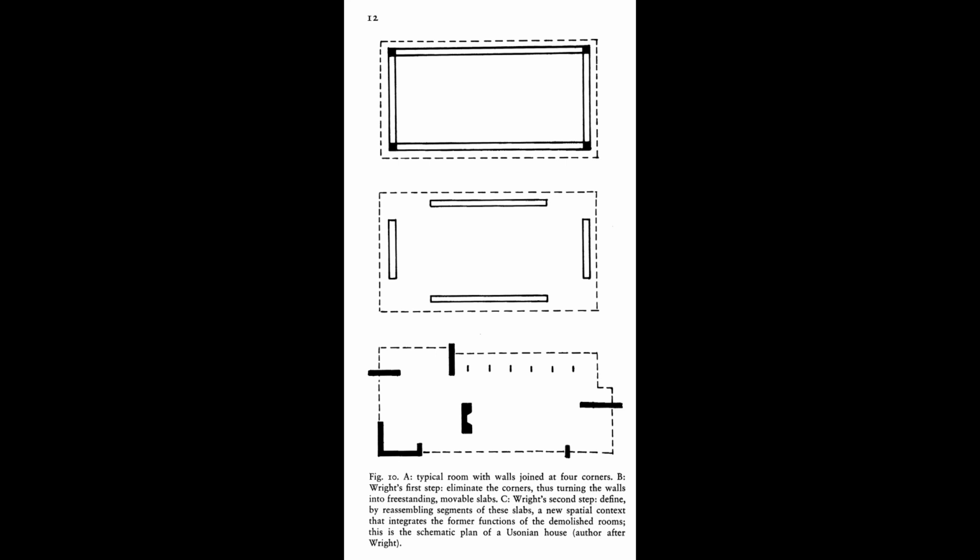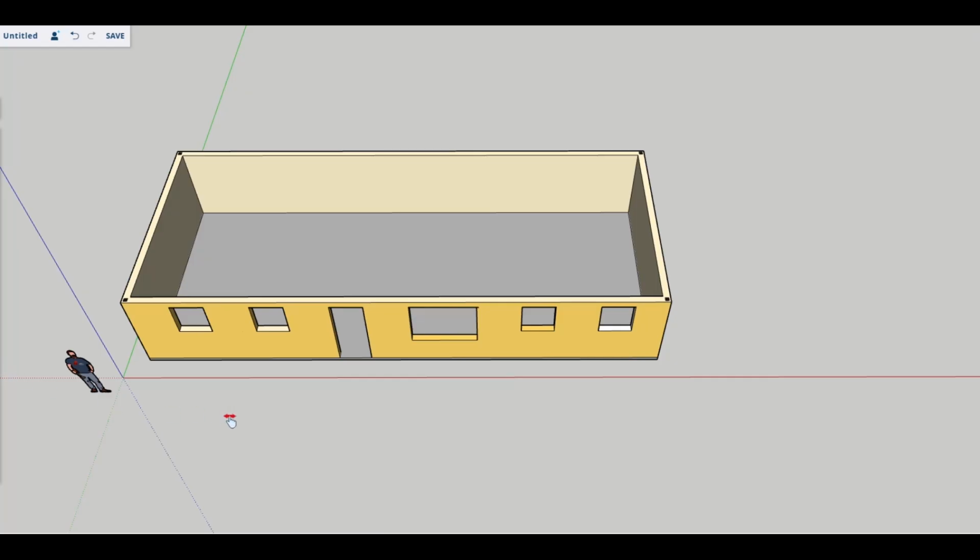In the Usonian plan at the bottom, we see the exterior walls as screens, allowing communication between the inside and outside space. So here you can see our classic box house with the structural points at the corners.